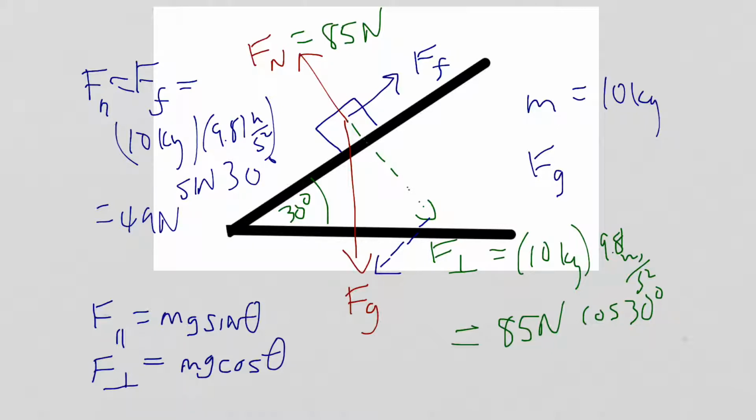So in this problem, my force of friction is equal to my force parallel of the weight, and my normal force is my force perpendicular of the weight. So that's taking this weight vector and breaking it up into its two components. Really, if you think about it, it's an x component and a y component.